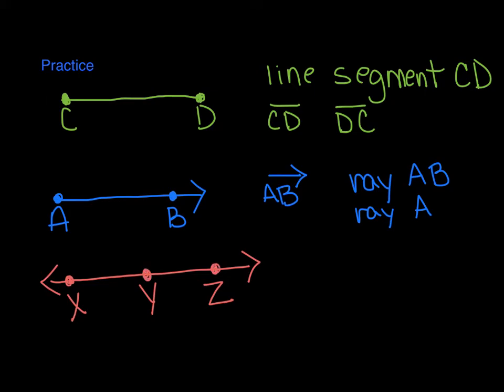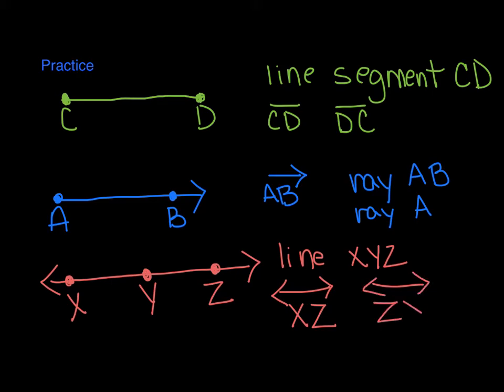Now, we could call this in word form line XYZ. We could name it line XZ, or line ZX. Okay, you can kind of see how that works.